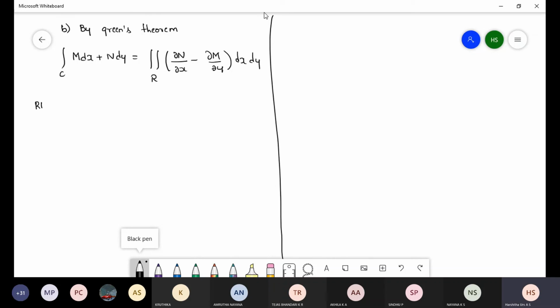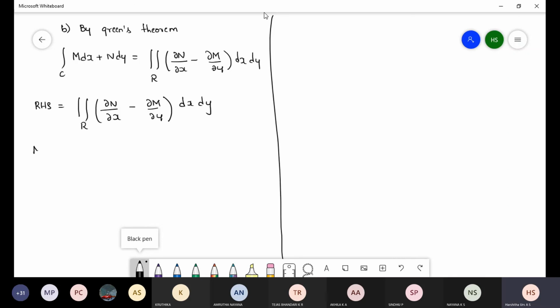So for the RHS, that is the integral over the region R, dou n by dou x minus dou m by dou y, dx dy.